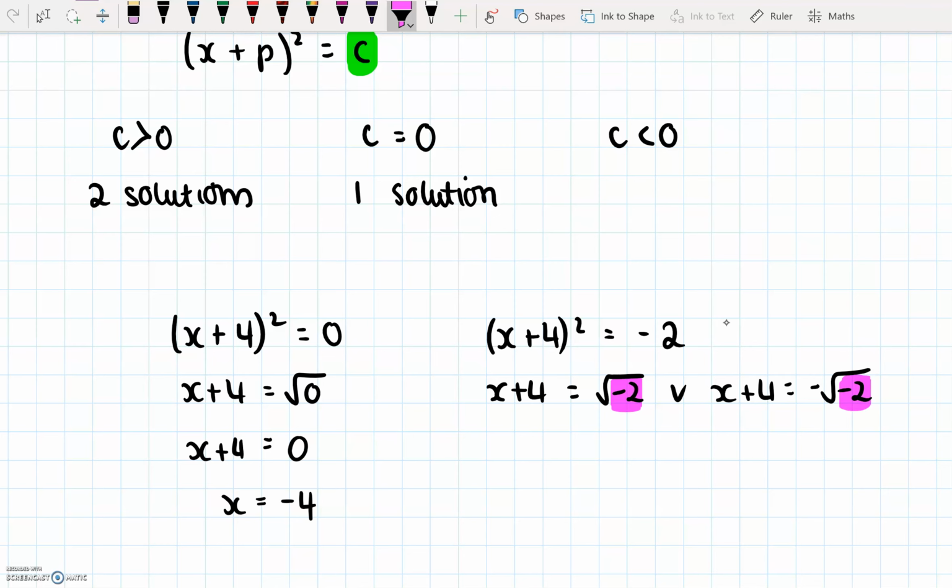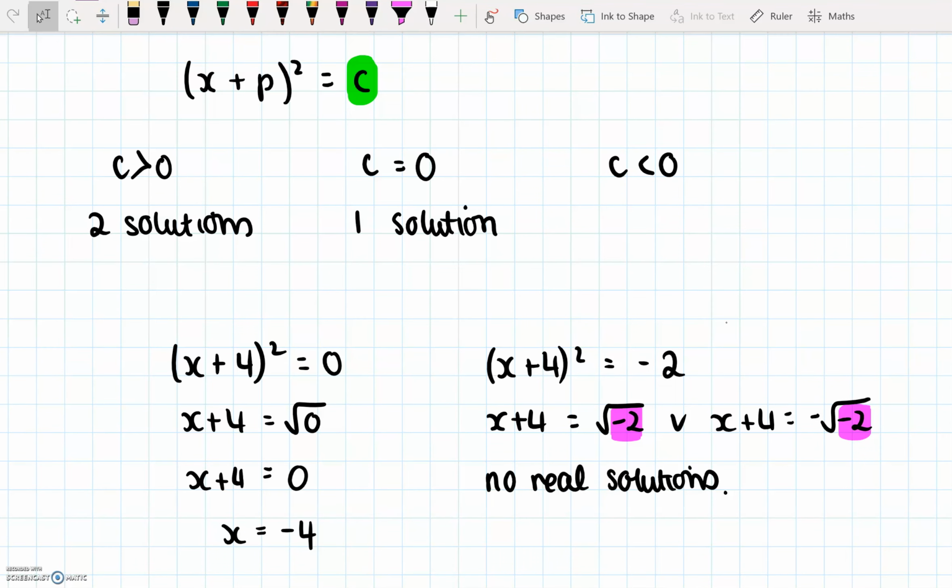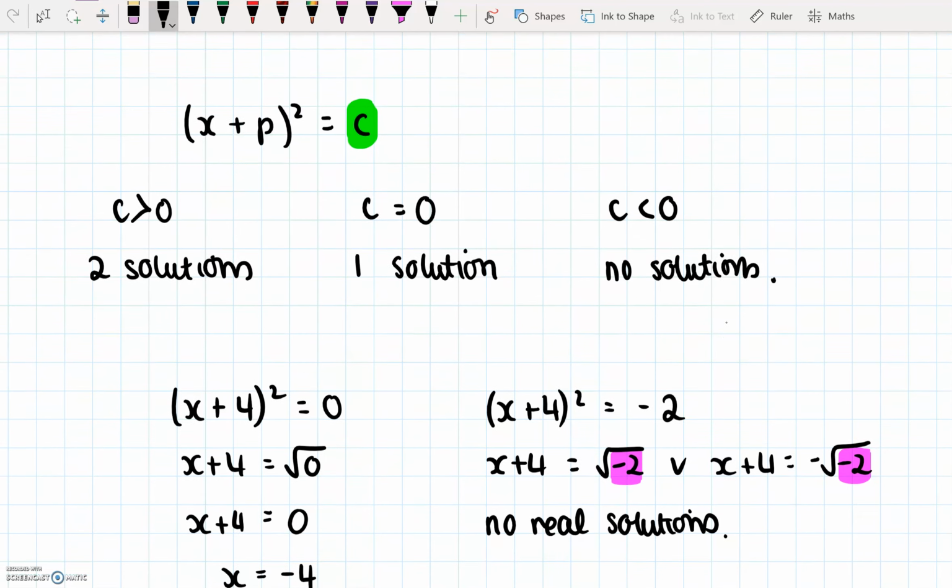This is a negative number here under the square root, and there are no real solutions to this. At some point in the future, if you do Wiskunde D, you'll learn a little bit more where you can actually solve this. But there are no real solutions. What this means is that if c is less than 0, there are no solutions, so we can't find a value for x.